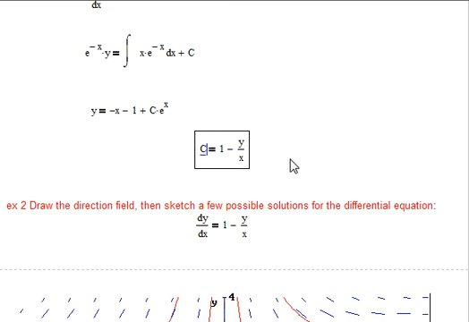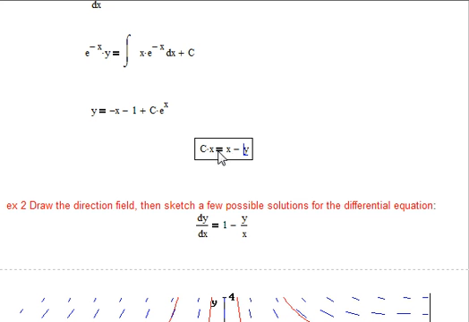I would multiply both sides by x, and then I'd have c times x equals x minus y. So that actually would be a line.